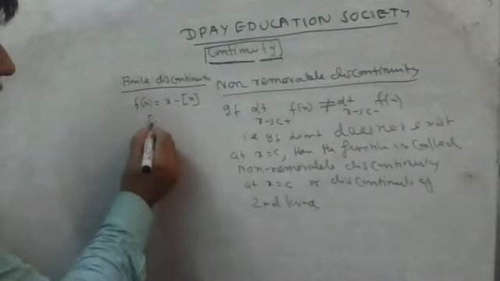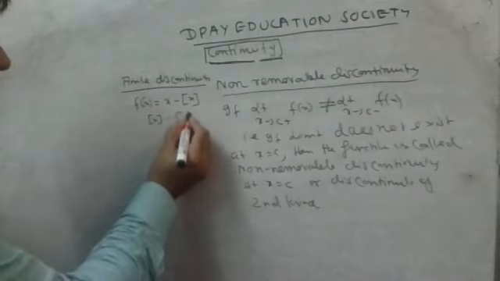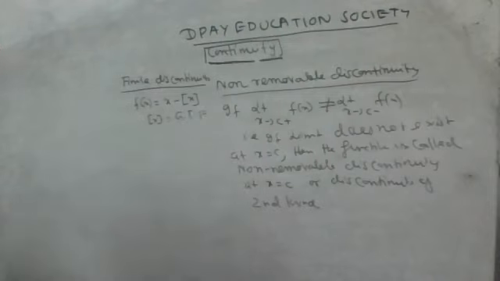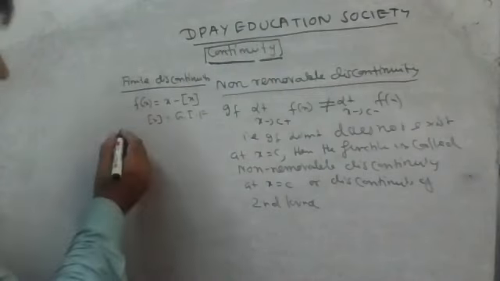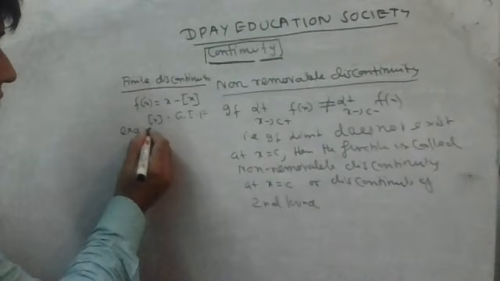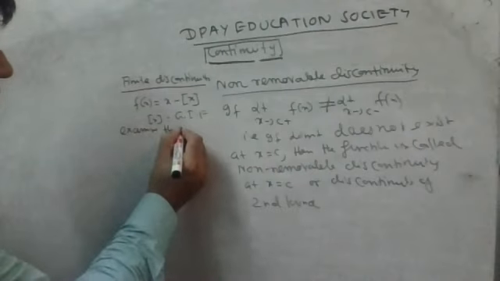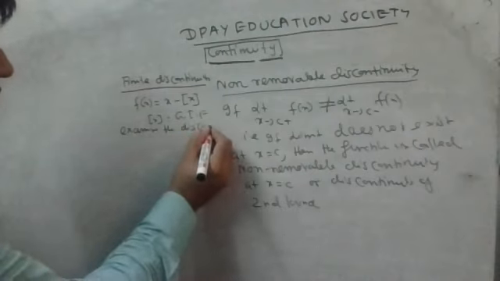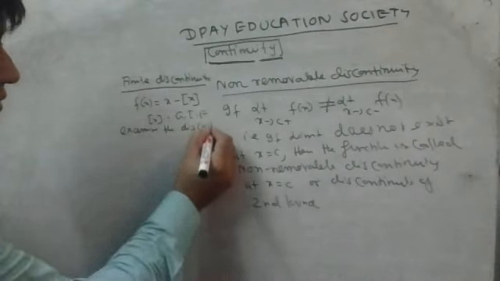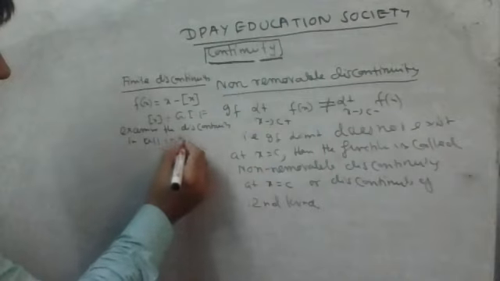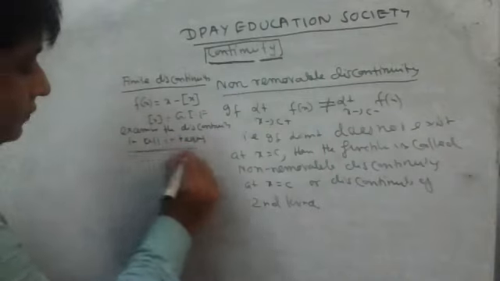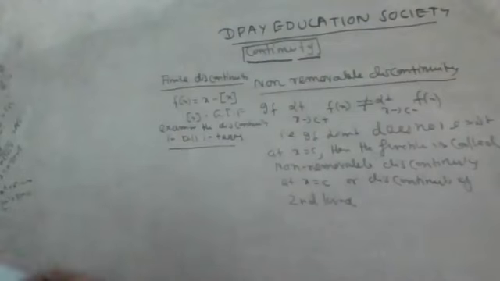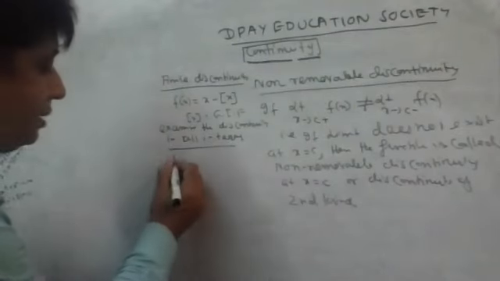What is called [x]? That is called greatest integer function. You are told to examine the discontinuity in all integers. To examine that, I am choosing one arbitrary point.